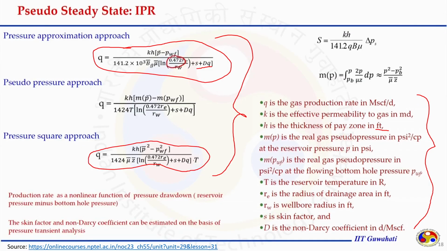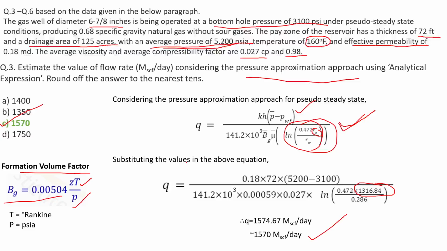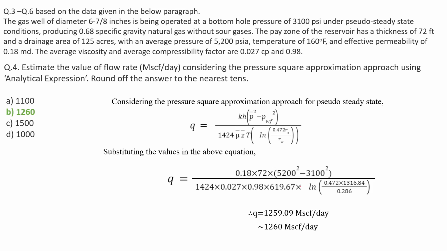We will be using this equation but not considering the S and Dq. So it will be this. As we already discussed in the last question, what all these variables are and what their values are, we will put those values and again we can get the value of Q, which will be around 1260.